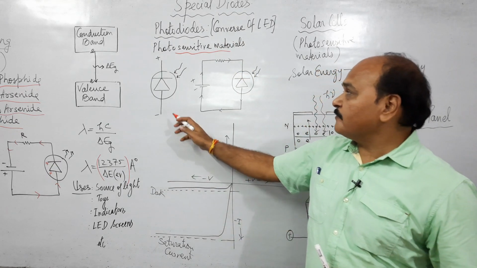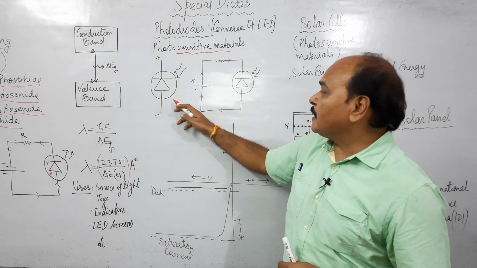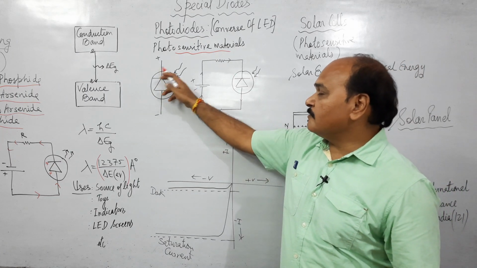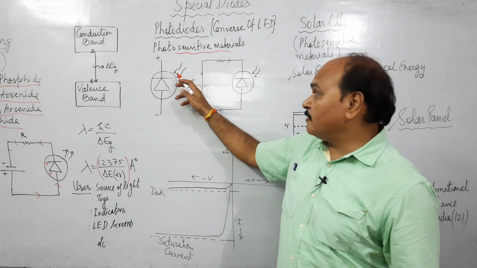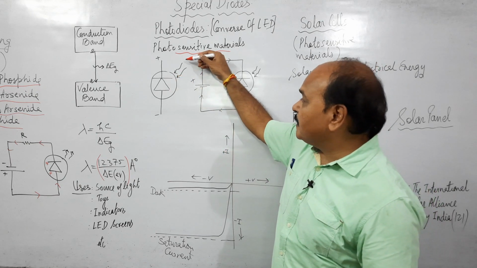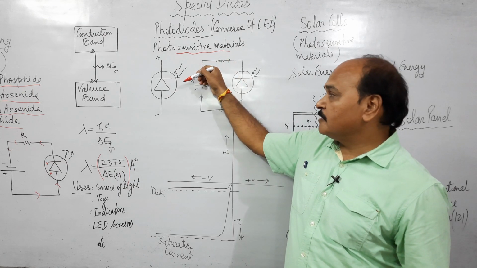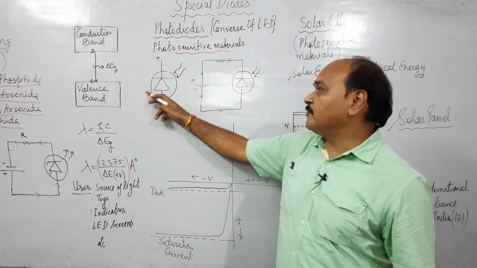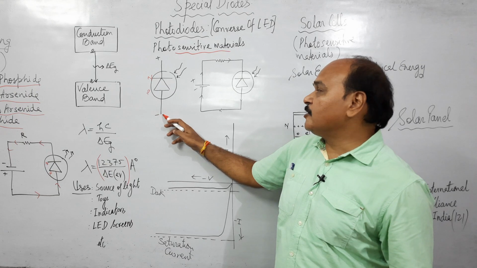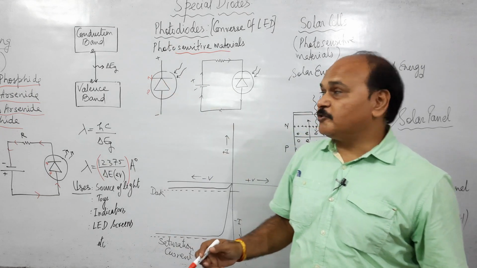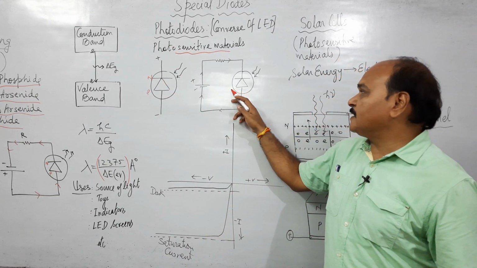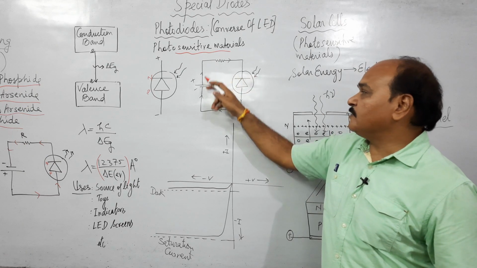And in the circuit diagram, we make a photodiode like this. This is the diode, we encircle it, and instead of arrows coming out, we make two arrows moving in. Since these are reverse bias, the P side is connected with negative and the N side is connected with positive.